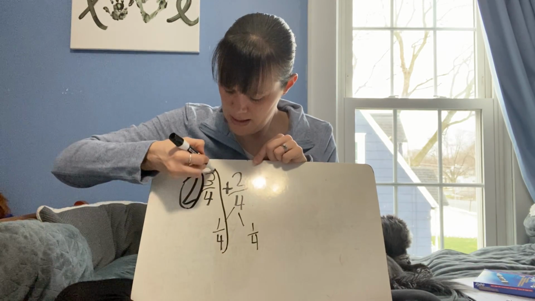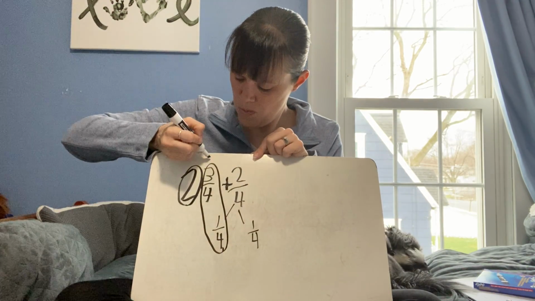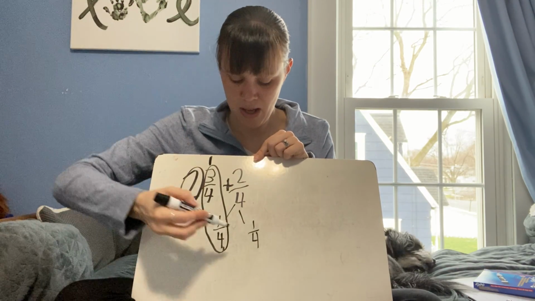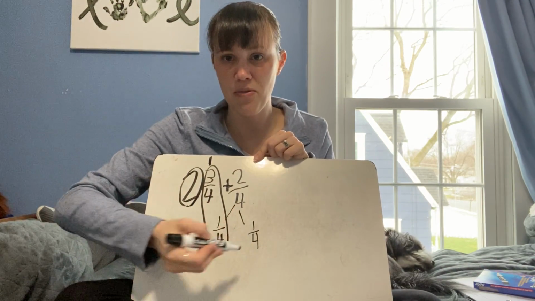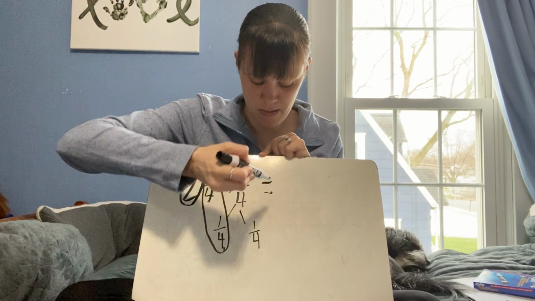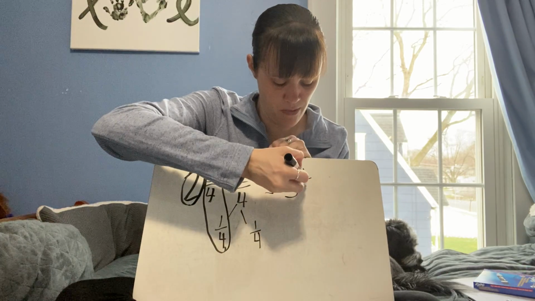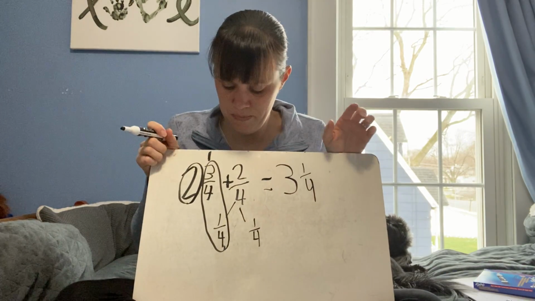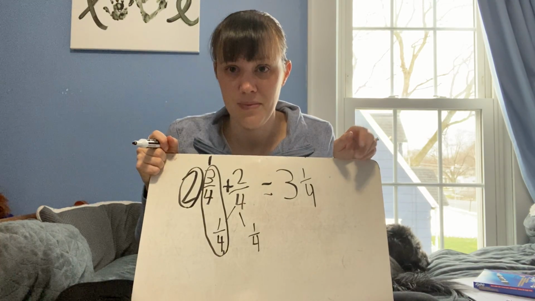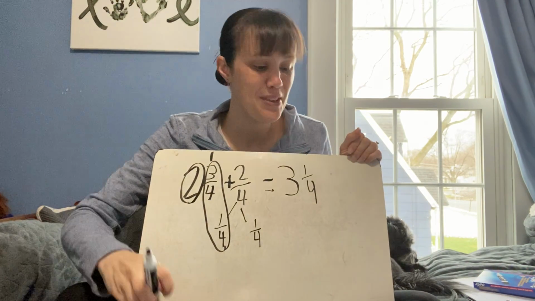If I add these together, I get 1 whole. So I like to circle them and put it here. And this is my fraction that's left. So what's 2 plus 1? It's 3 1/4. Got it? Let's do another one.